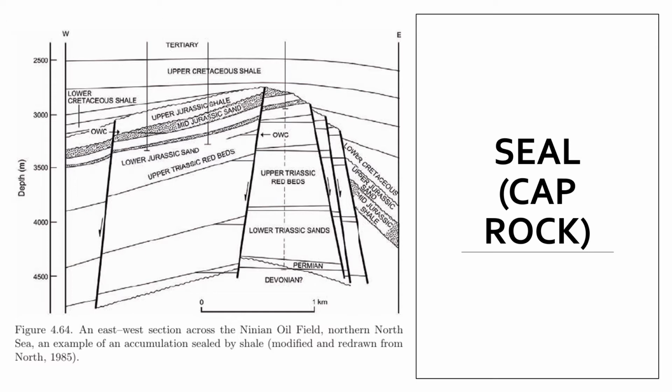And here in the topmost portion is an upper Cretaceous shale, which is acting as your cap rock. So this upper part here is sealing. It is relatively impervious, so it is sealing down all the oil and gas below.